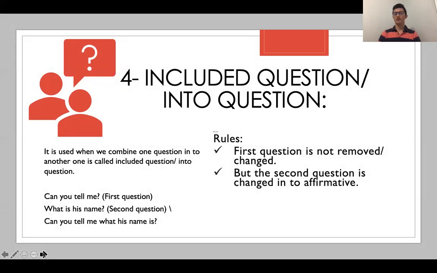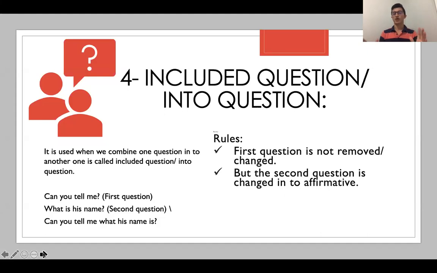An included question or into question is a combination of two questions. So you ask two questions, but both of them in the same sentence. Here we use some specific rules for using included questions. You might use it all the time probably, but some students make mistakes while making included questions. Do you know how you can make an included question?